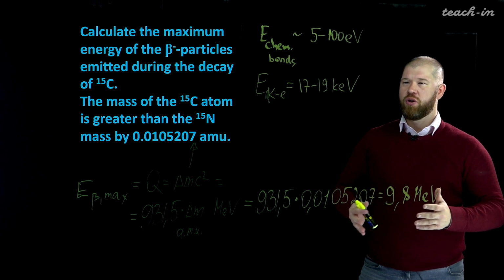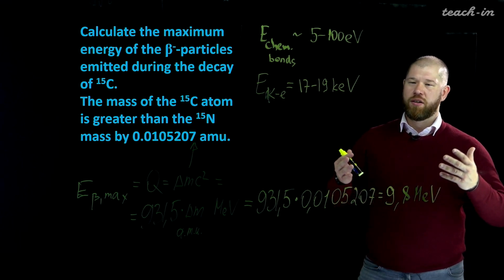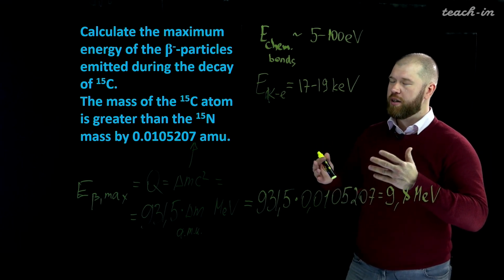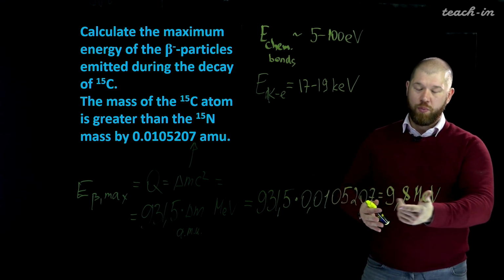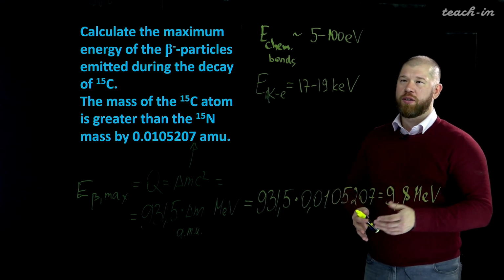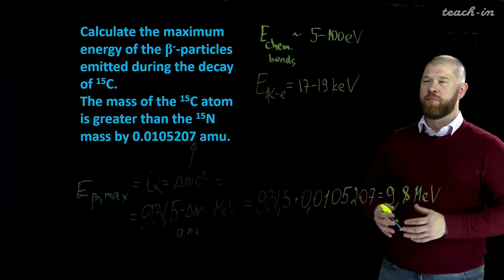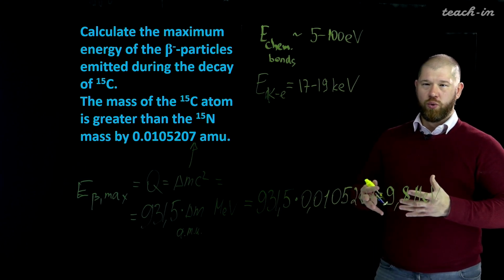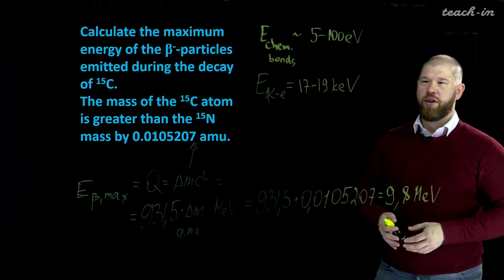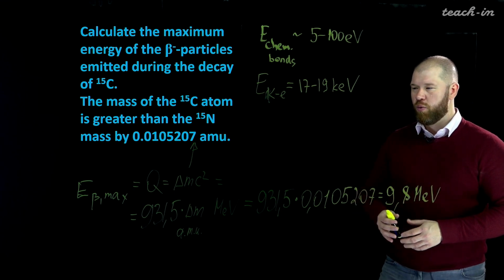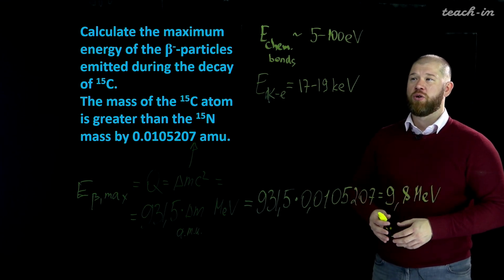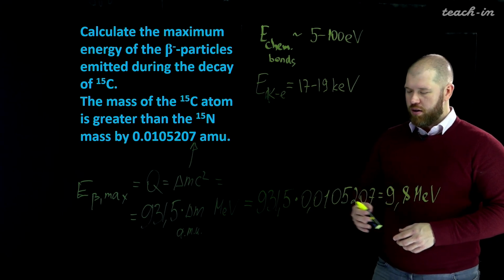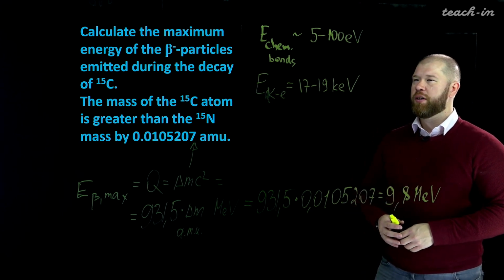And the energy of the decay starts from tens of kilo electron volts to mega electron volts. So you can see easily that the energy of nuclear interactions is 1,000 times stronger than the energy of any chemical bonds. So it's a very nice example.